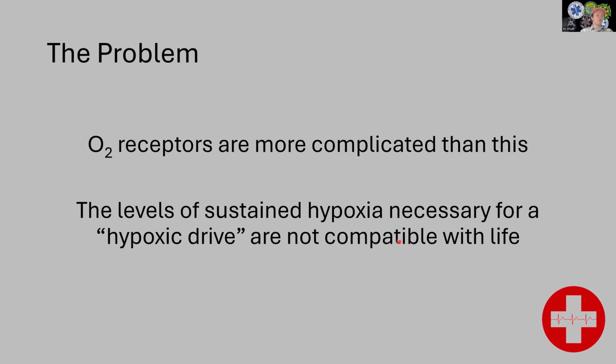And the other thing we see that I've noted here is that the amount of hypoxia we would need to have for a long time, to end up in this situation where our body always relied on oxygen levels to tell us to breathe, we would be so hypoxic all the time that it's just not compatible with life. We would need to be persistently living in like the 60 and 70% range for this theory of hypoxic drive to be accurate.